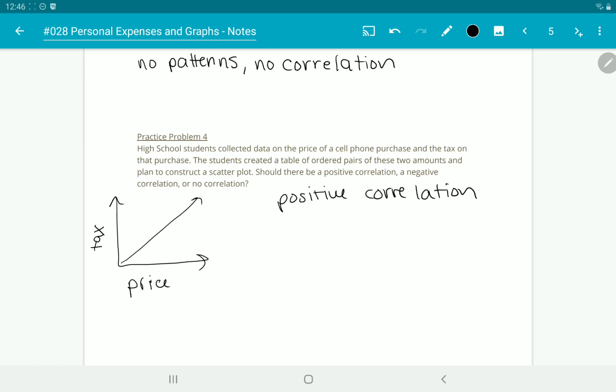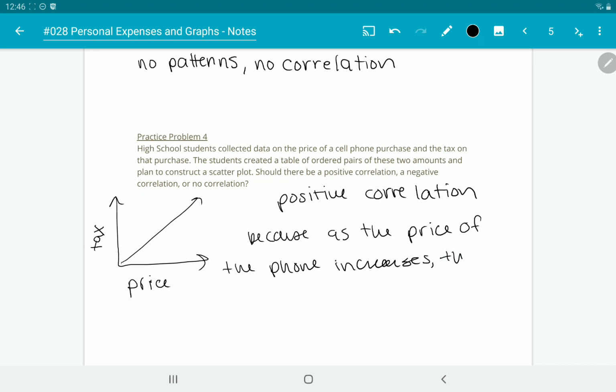Because as the price of the phone goes up or increases, the more taxes you pay on the purchase.